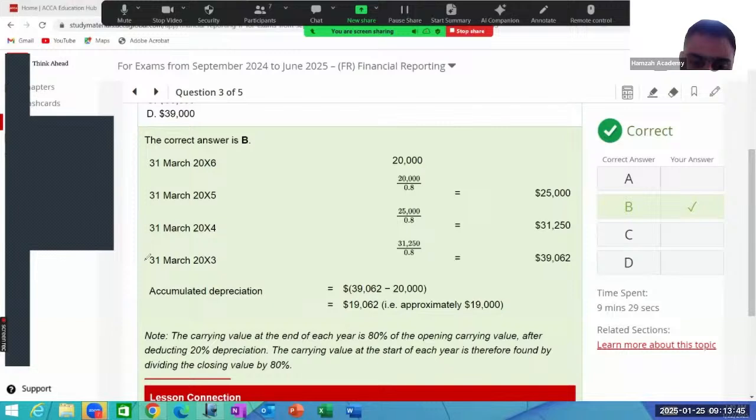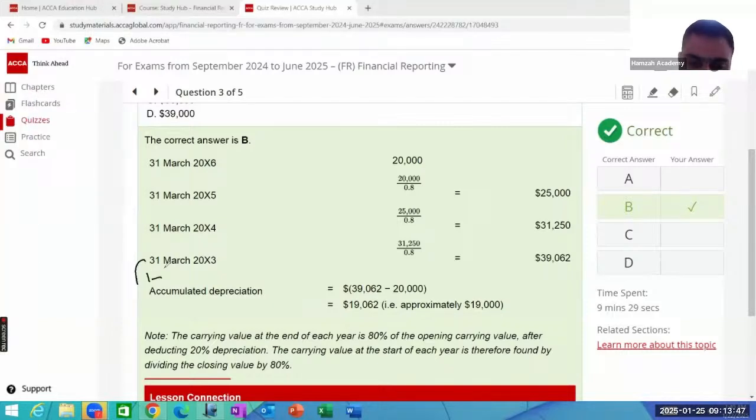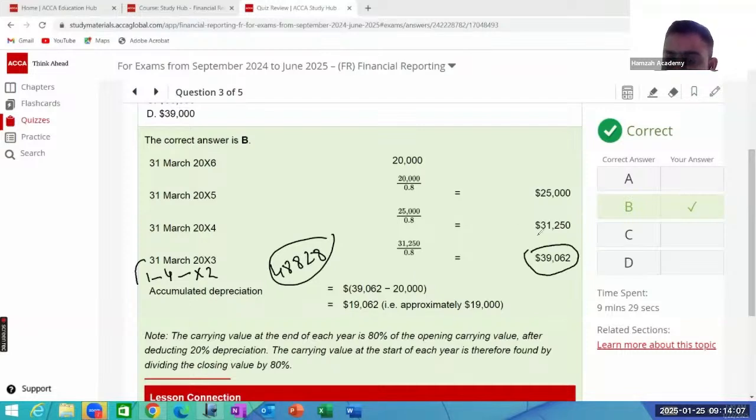They need to carry it back till 1st April X2, where the cost will be 48,828. This is the original cost. And from this original cost, when they deduct the carrying value, they will have the right accumulated depreciation. But they are taking 39,062, which is the carrying value at the end of the first year.